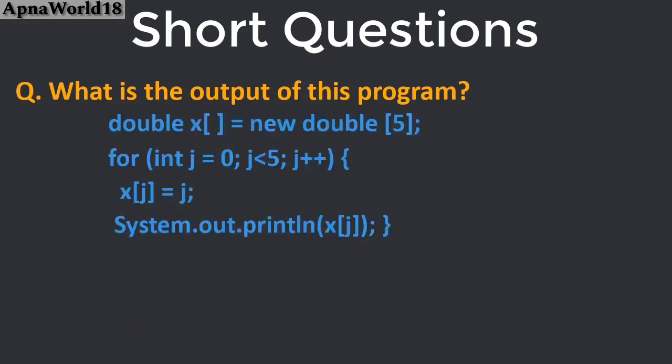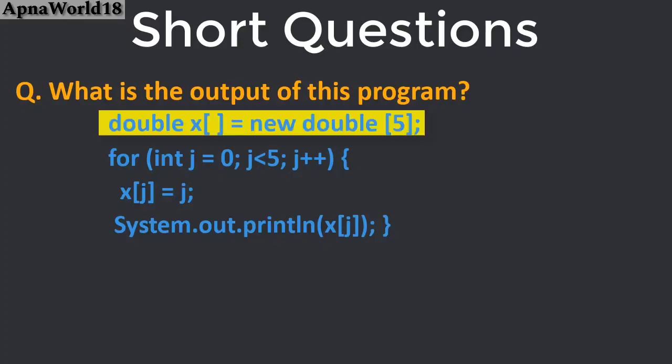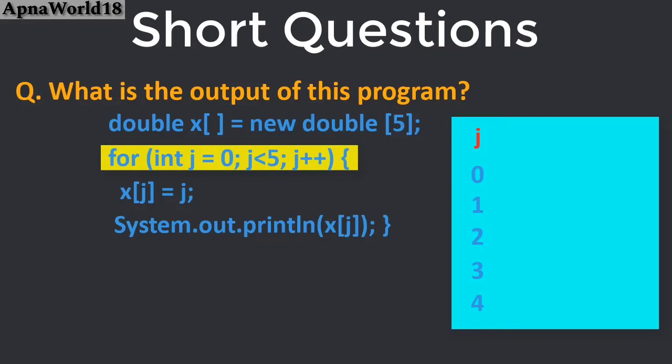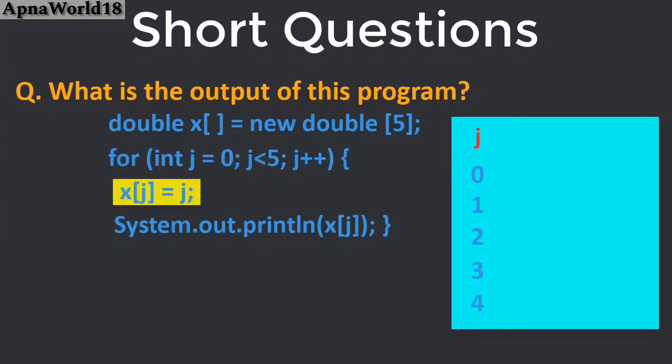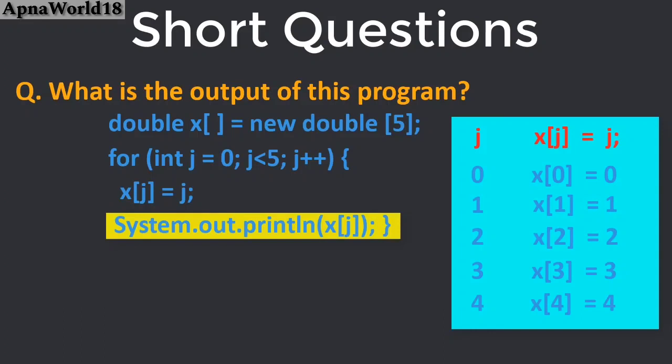Let's see another program where you have to give the output. Here let's see what the program is doing. There is a double array of size 5, then a loop is set up for 5 iterations. In the loop, each element of the array is initialized with the value of index j, which is from 0 to 4. Then the array is printed.